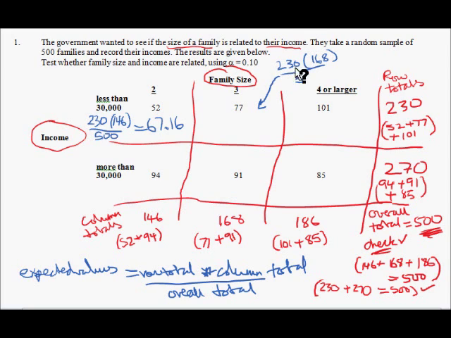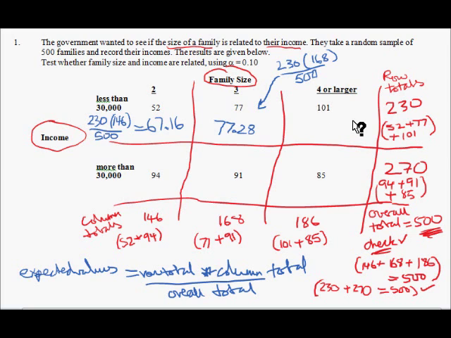Divide by 500. So I take 230 times 168, divide by 500. I get 77.28. That's my expected value. Now I can do that for the rest of them too.